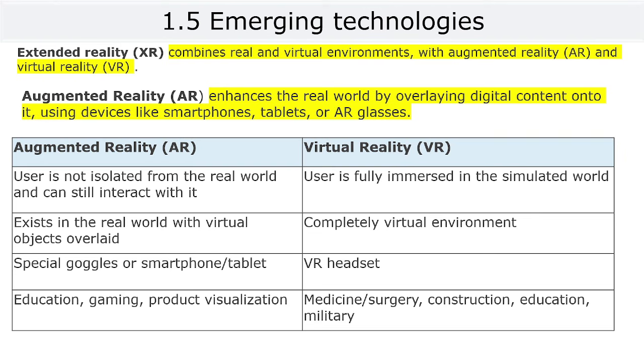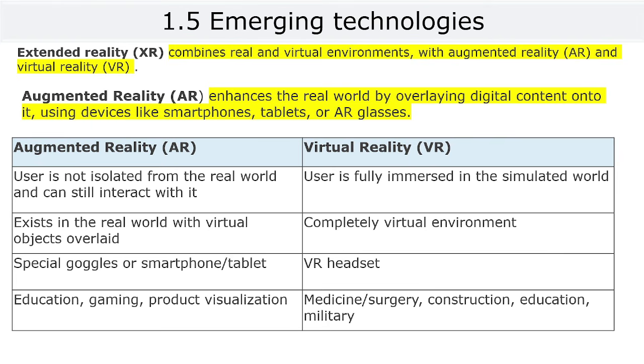So here we can look at some differences among the two: augmented reality and virtual reality. As I mentioned earlier, with the augmented, the user is not isolated from the real world and can still interact with it. But with the virtual, you are immersed in a virtual world, right?